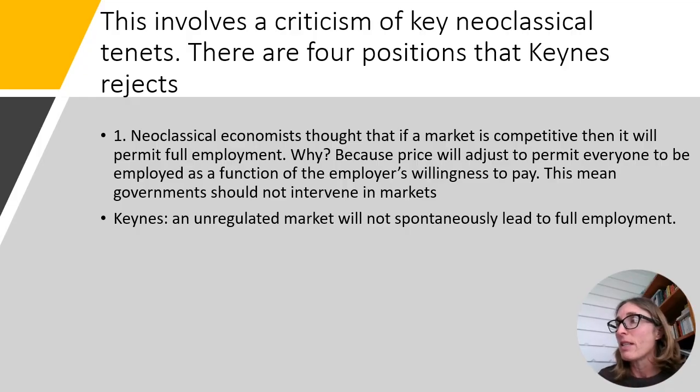The supply of workers will then match the demand for workers by employers, and there will be spontaneous resolution of unemployment, with everyone being able to find a job if they so want. So as I've said, the implication is that governments shouldn't intervene in employment markets, in labour markets, if the idea is that price can manage the supply and demand of labour by itself.